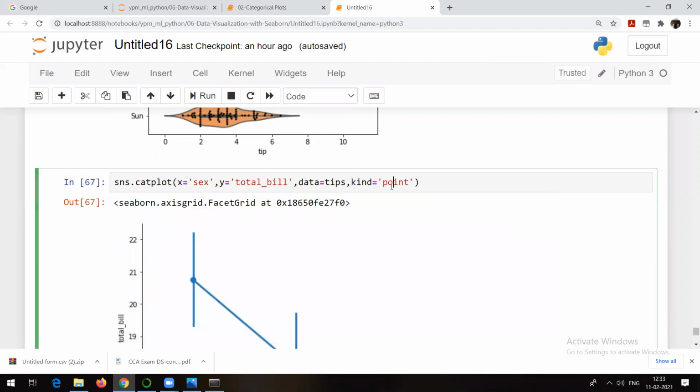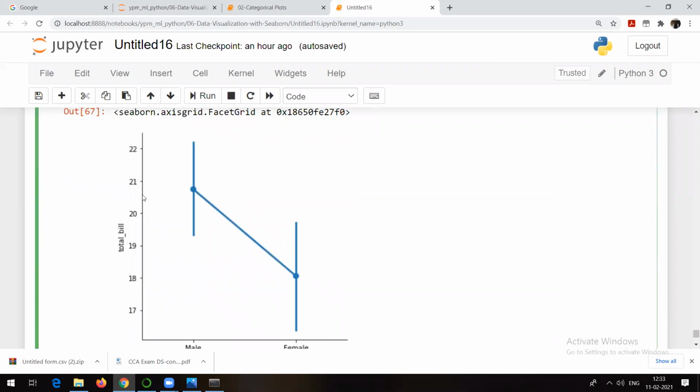So this 21, whatever you are able to see, is the average of the total bill generated by male, and this is the average of the total bill generated by female. That means one point is sure: male generated more bill as compared to female.